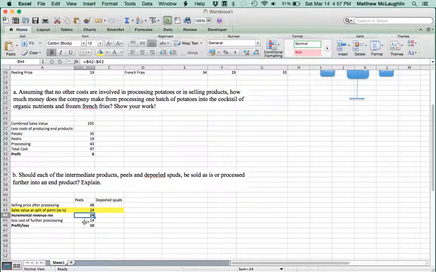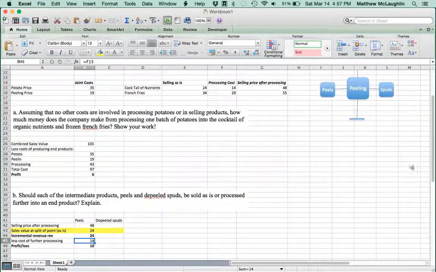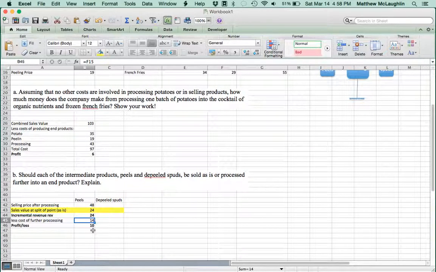In other words, incremental revenue, you're going to make $24 off processing further. That's only worth it if this is greater than what it costs to process it further. And it turns out that's the case, because it costs $14 to process the cocktail of nutrients. So we subtract this from that, and we have a profit of $10. So our peels are going to be a major go.